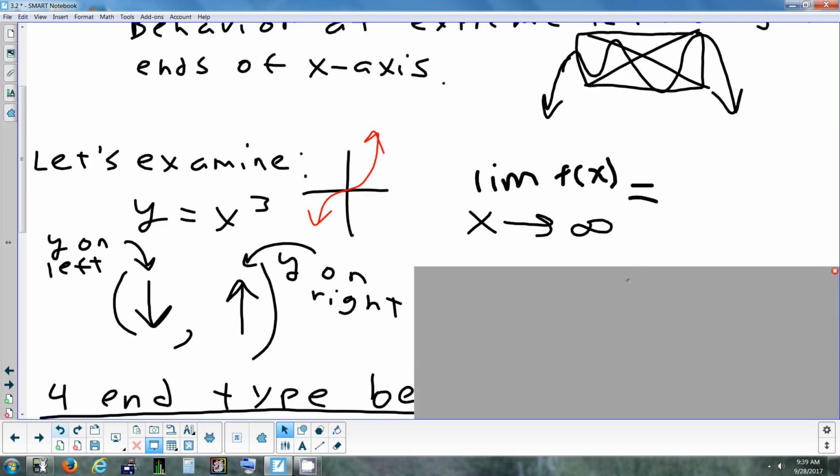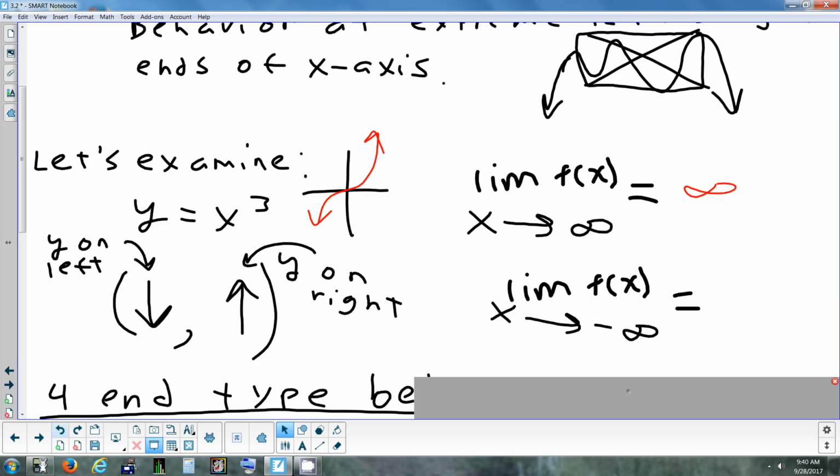So look at the graph of y equals x cubed. As x gets bigger and bigger, as x heads to the right, what's happening to your y value? It's going up, and how high does it go? Infinity. So what's happening to y as x gets bigger and bigger towards infinity? Y is heading up.